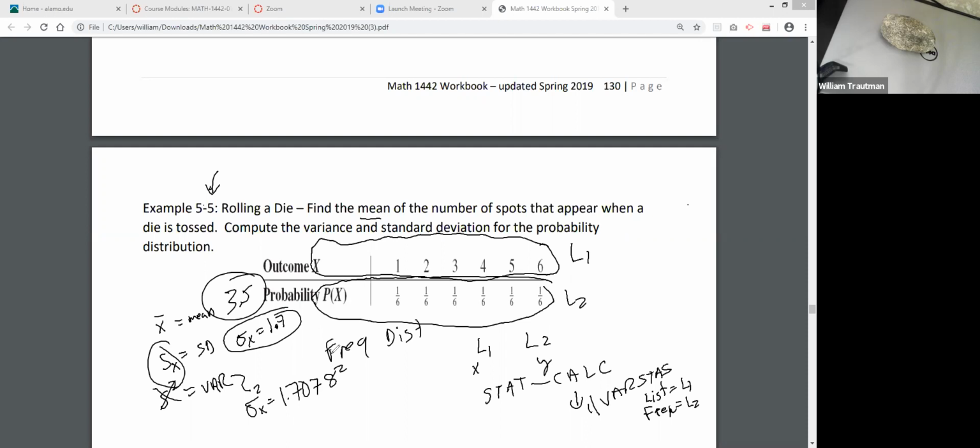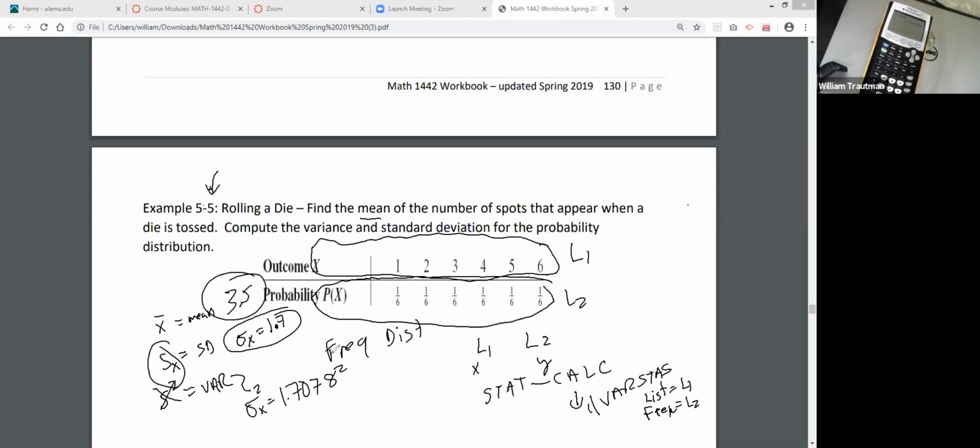So on my calculator, I'm going to take 1.7078 and square it. I put a rock here so I can raise that. And square it, and I get 2.9.